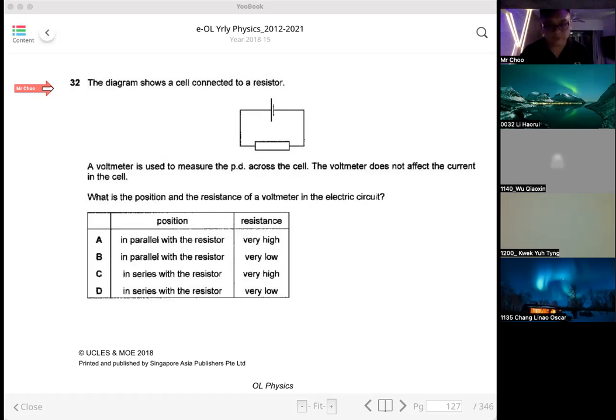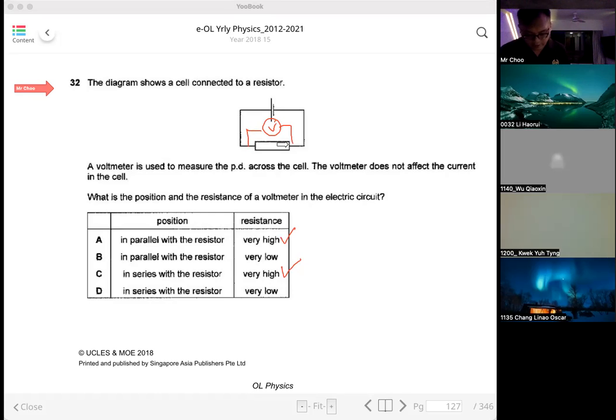Okay, so all of you know the voltmeter. A voltmeter shouldn't allow any current to flow in. It's just measuring the difference between the 2 points. So the resistance of a voltmeter must be very high. And a voltmeter must be in parallel with the load, which is the resistor.